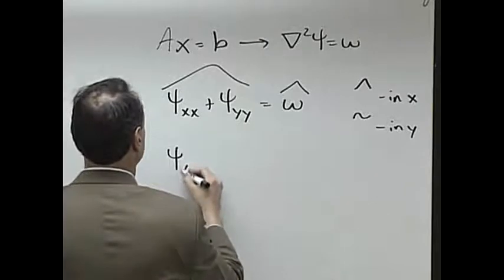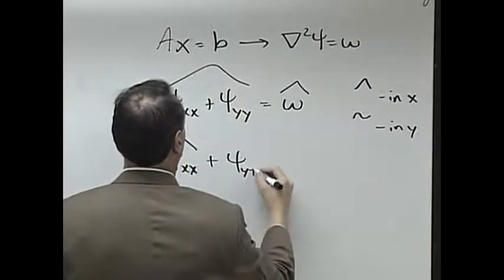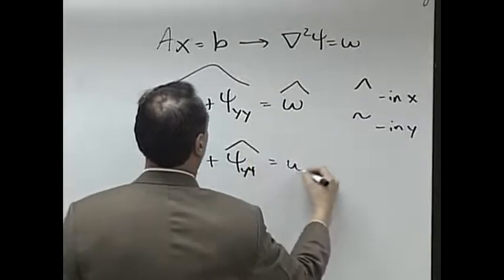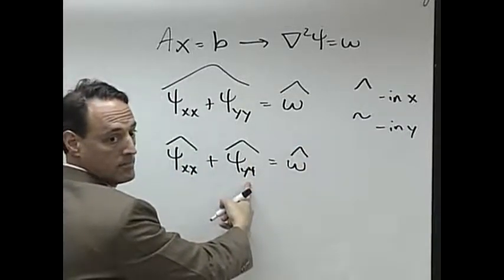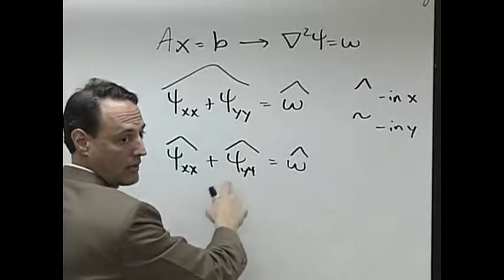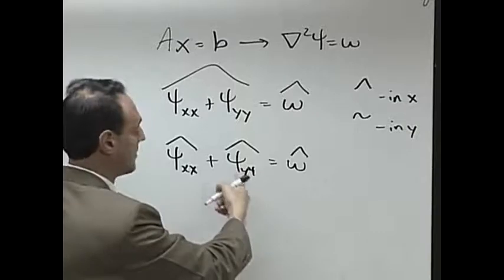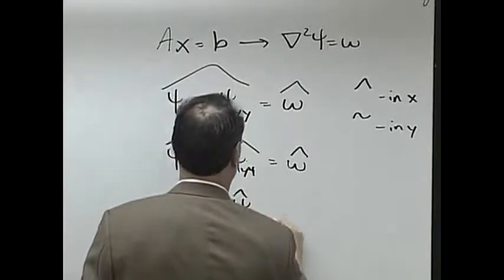So you have then psi xx plus psi yy is equal. Now, the y derivatives don't matter. I can interchange the integral and the Fourier transform in x because y is an independent variable. So this becomes psi hat yy.